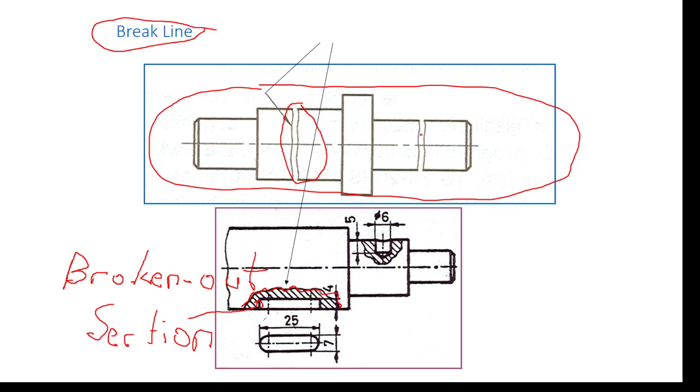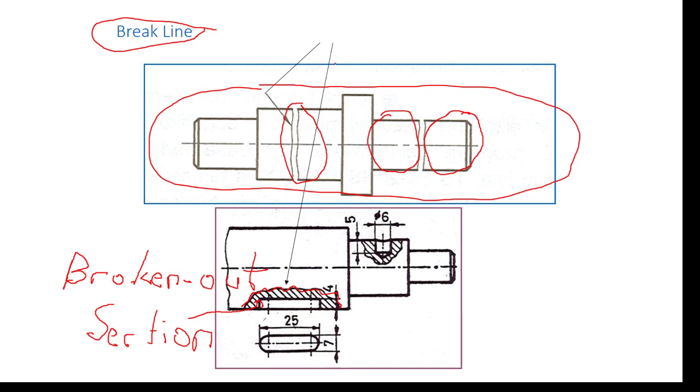We may omit the projection of an intermediate portion. Only show this part and the other part, and the intermediate portion between them is omitted, and the image of the long feature is drafted as if there were no such intermediate portion.